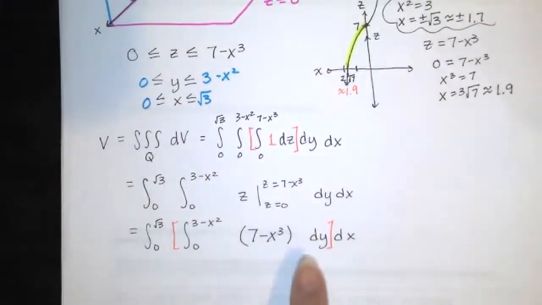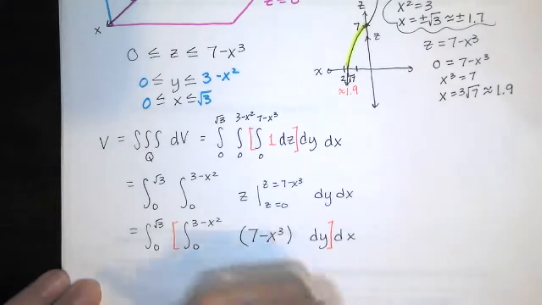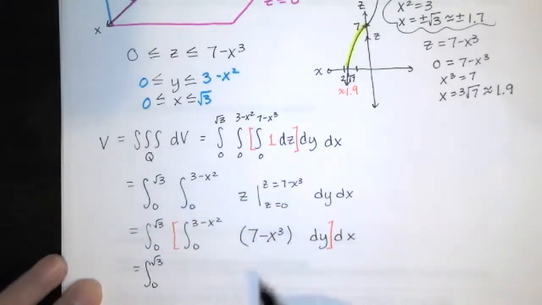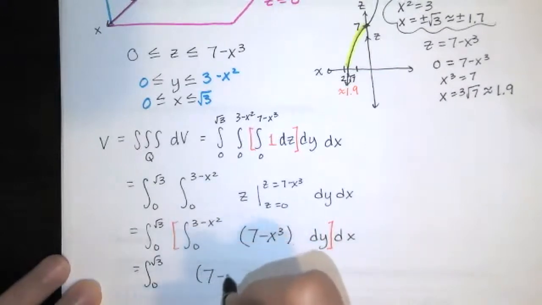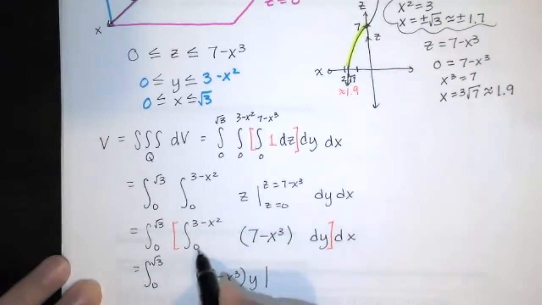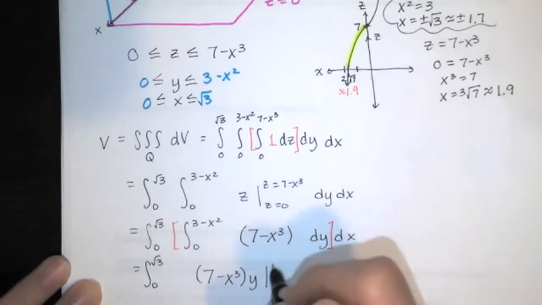Now remember, you're integrating with respect to y, so you look at this and you say, are there any y's there? There aren't. This is constant with respect to y. Everything on the outside stays exactly the same. The antiderivative of a constant with respect to y is that constant times y. And you're integrating from y equals this function to y equals that function.